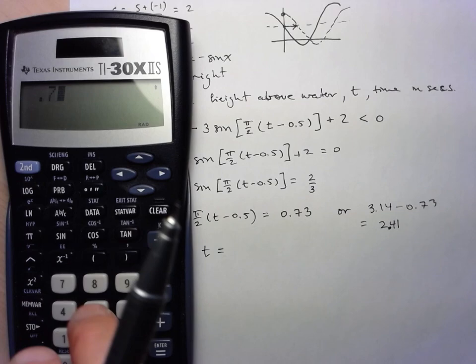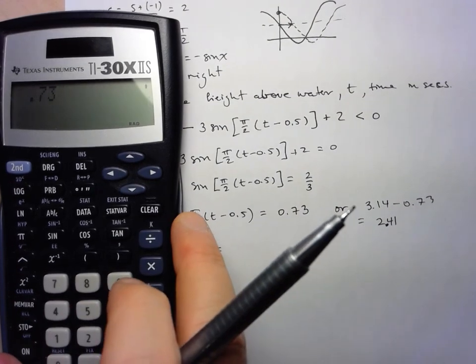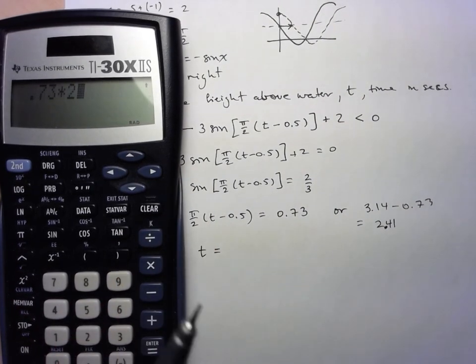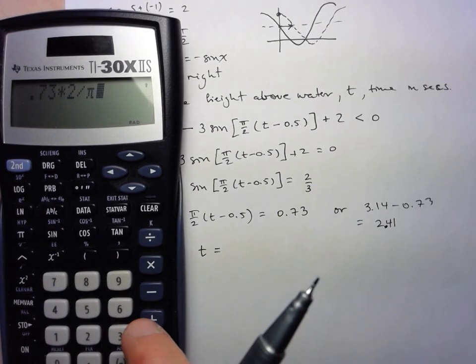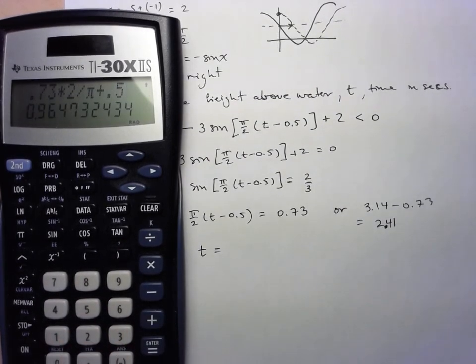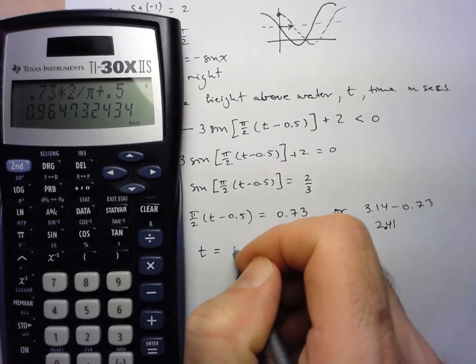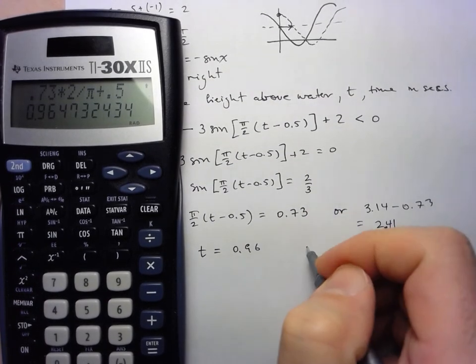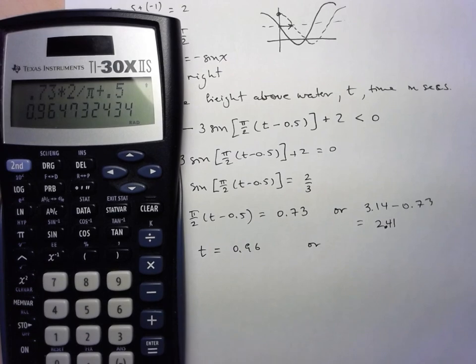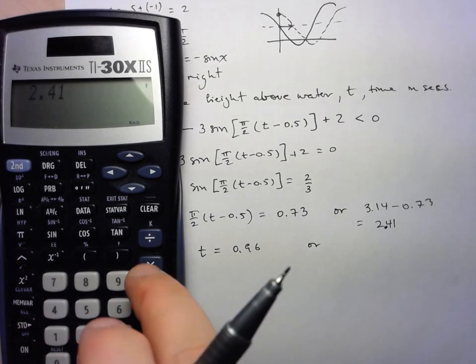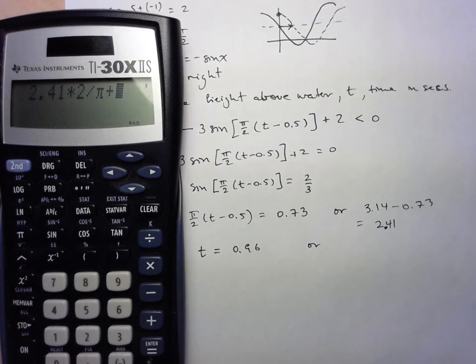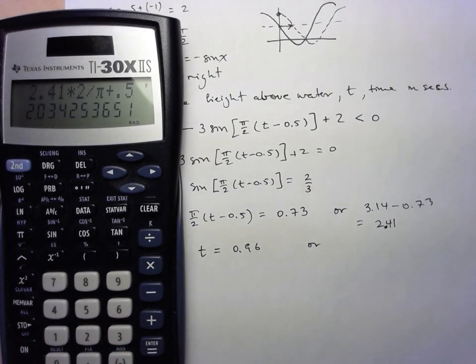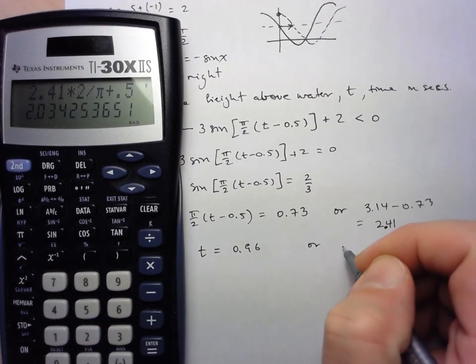So 0.73, remember, we said multiply by 2. Okay, then divide by pi, and then add 0.5, and we end up with 0.96. Okay, or in this case here, we take 2.41, again multiply by 2, divide by pi, and add 0.5 and get 2.03. Okay.